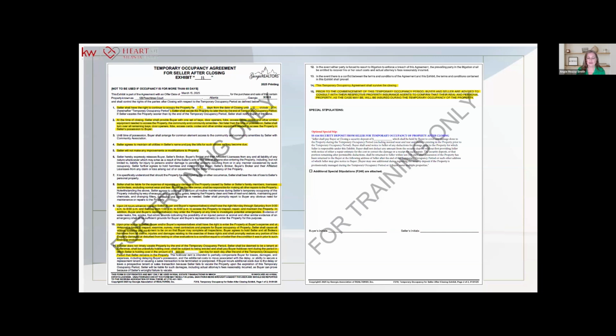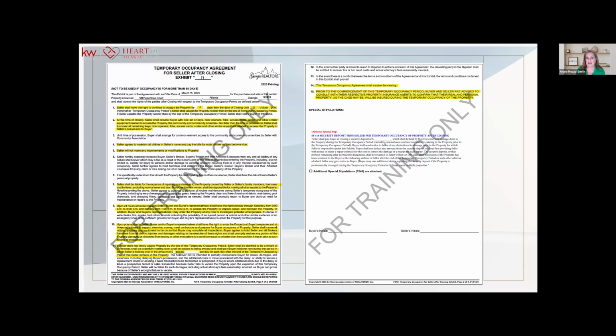The holdover amount, the best way to calculate it, you don't want to put some obnoxious amount in there that is really over the top, because a judge at the end of the day will not award it. It must be reasonable.